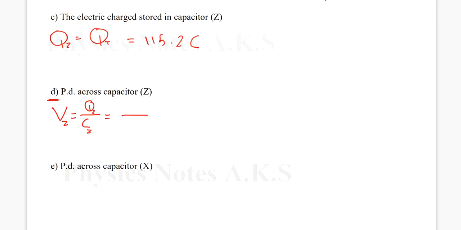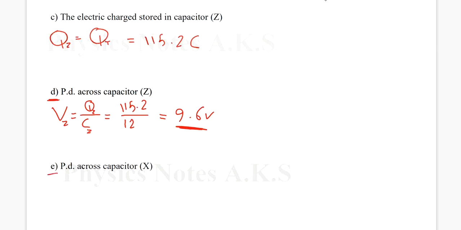So the Q is 115.2 and the Z is actually 12 farad. I get 9.6 volts. This is the voltage in the Z capacitor.